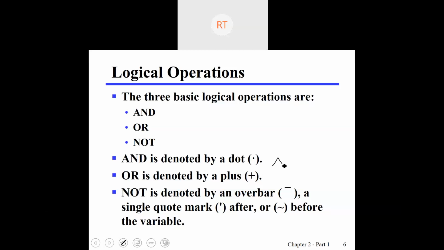NOT is denoted by a bar, or a single quote, A prime, or a tilde. We usually use the prime and the bar. So when we are saying NOT, we say A prime or A bar. Okay, this is what we commonly use.